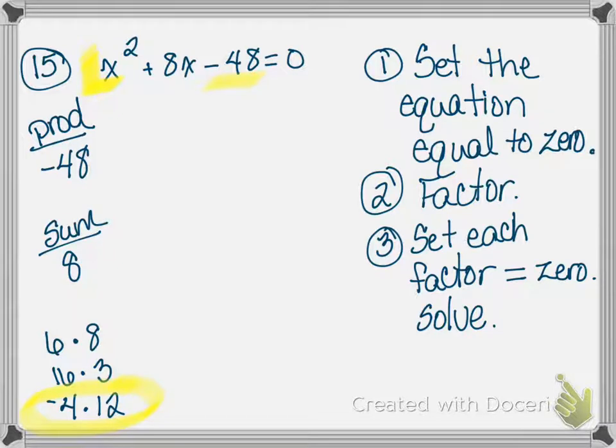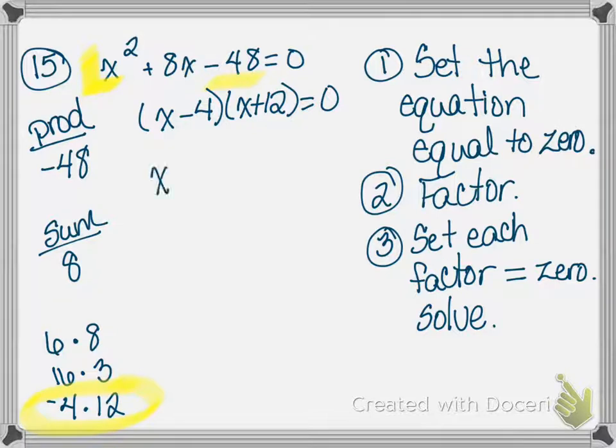Because this is just x squared, I'm able to just go ahead and write those 2 numbers down. x minus 4 and x plus 12 equals 0. So I have set the equation equal to 0. Excuse me, I have factored the trinomial. Now I'm going to set each one of those factors equal to 0.